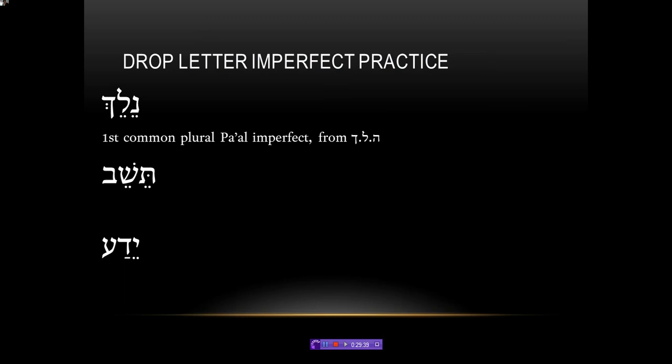Halach, the word for walking. So this is a first common plural, pa'al, imperfect. The nun, of course, is the prefix on the first common plural imperfect. So we will walk. Let's look at the next one. Teshev.